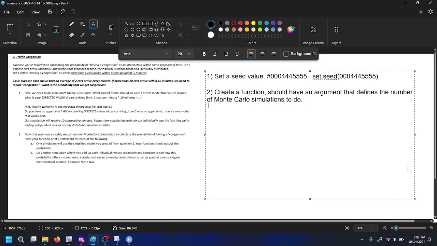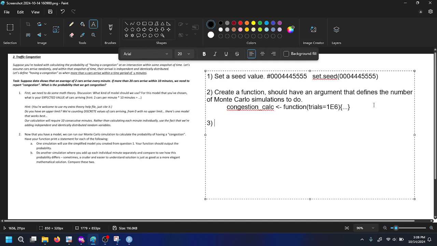So we could write something like congestion_calc <- function(trials = 1e6), and then have our function body here.